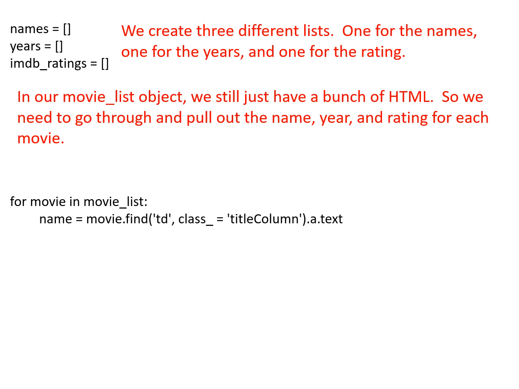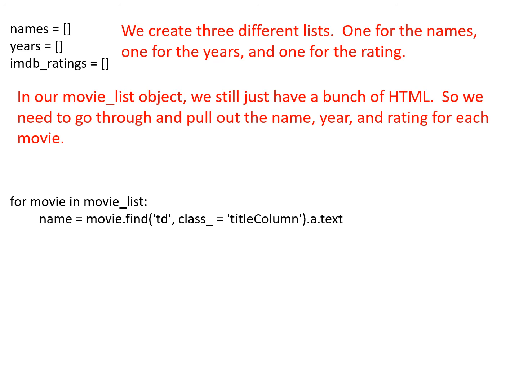Okay, so here's the first thing we're going to do. We want to pull out the name of the movie for that element. We had noticed in the past that the movie names are inside the TD tags with class of title column.